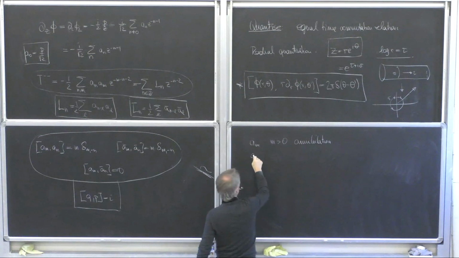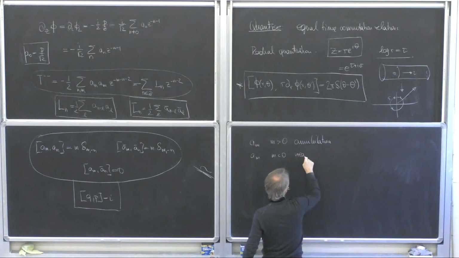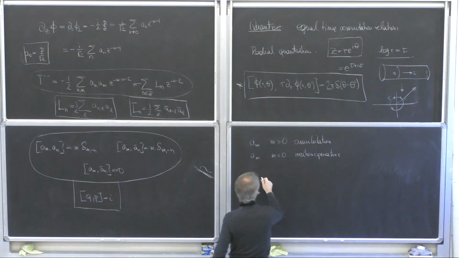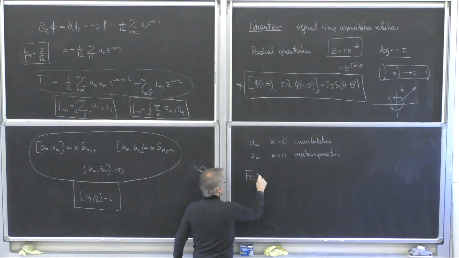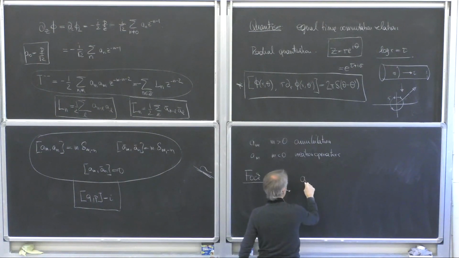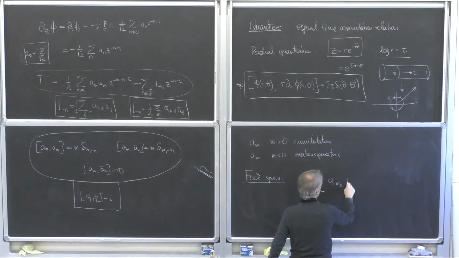And the A_m with m less than zero are the creation operators. Then the Fock space of this quantum field theory is basically all the negative A generators acting on some ground state.